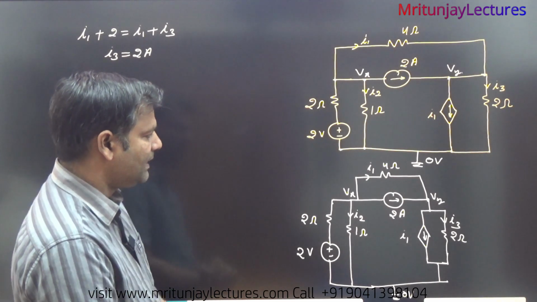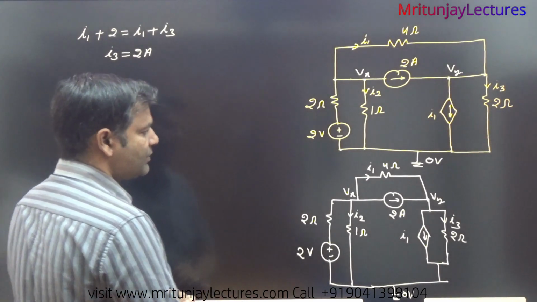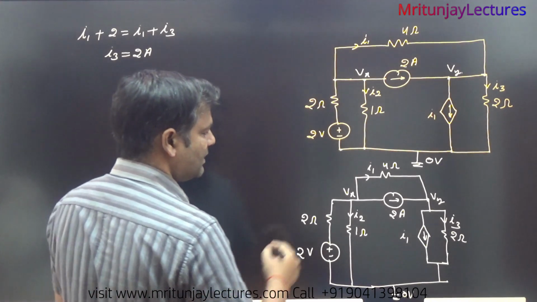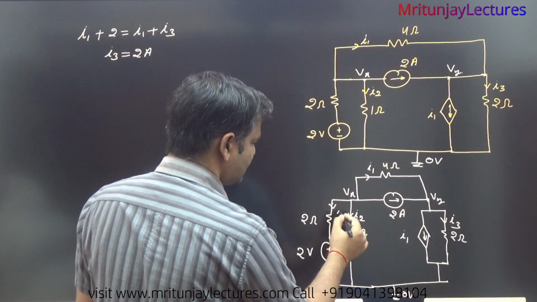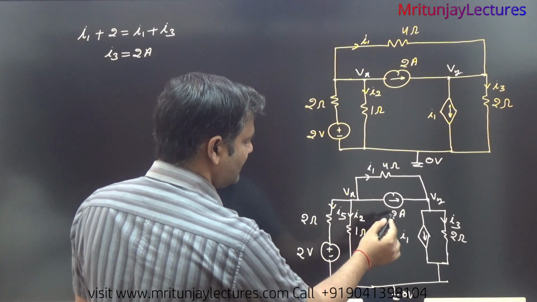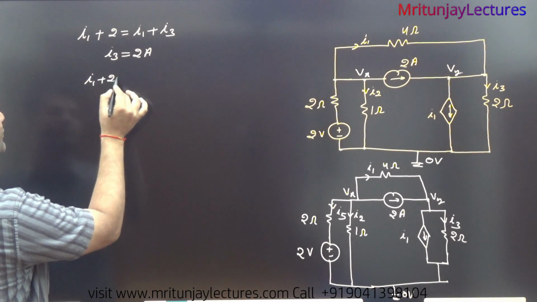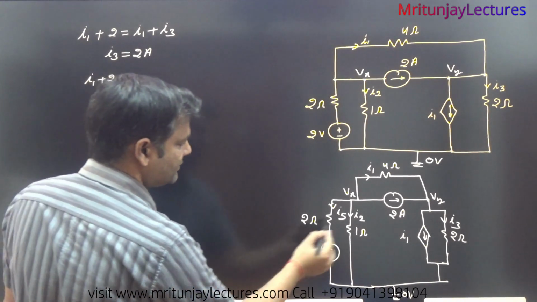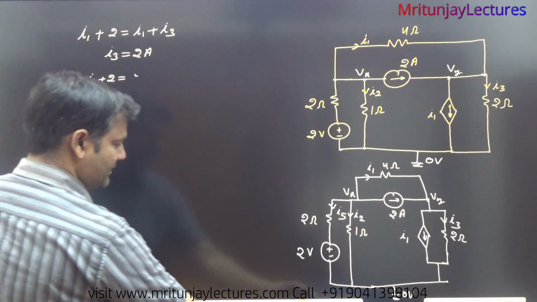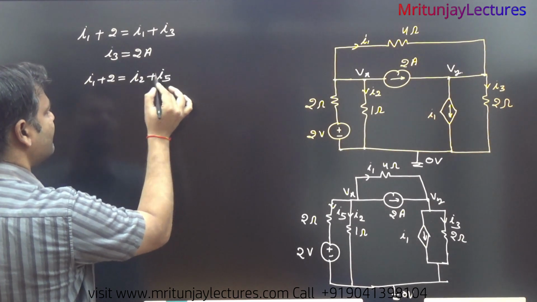Now apply KCL at that node. Consider the outgoing current as I5. Here I1 plus 2 is equal to I2 plus I5.